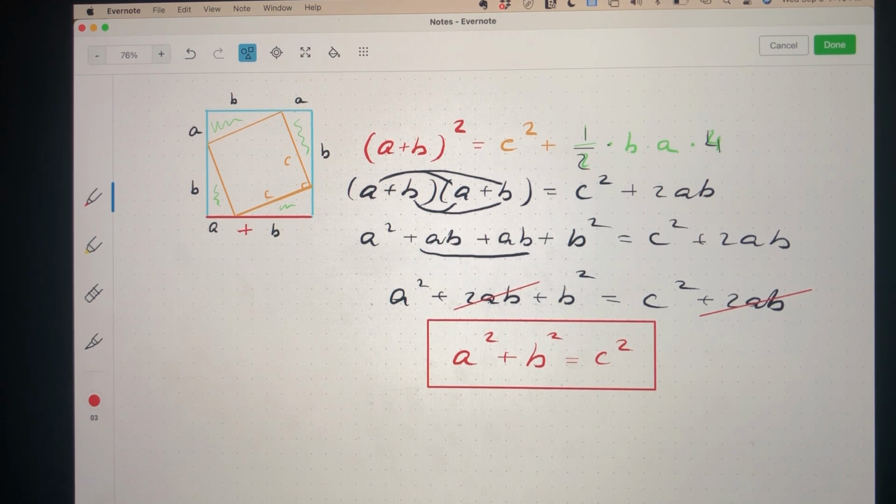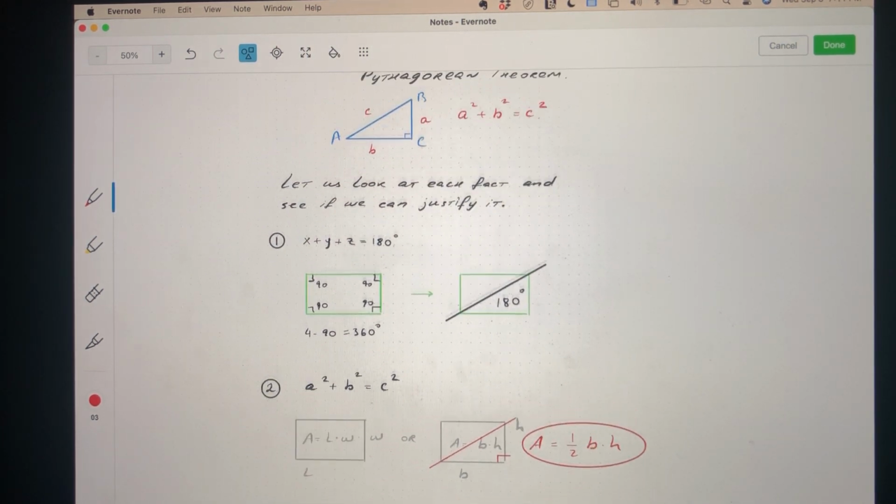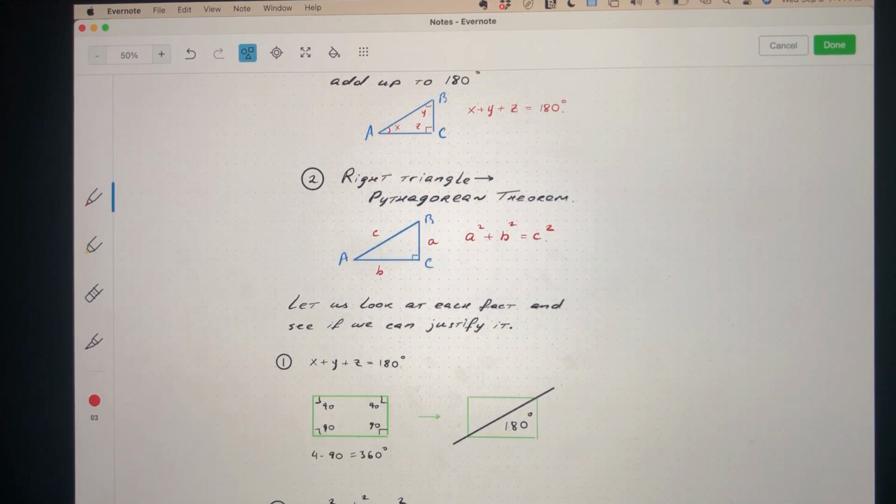So this is one way to show how the Pythagorean theorem might be true, and it is only going to work if the triangle is right. If we try it on any other triangle, we will not get the right answer, and that's very important. So these are the 2 facts we often see in trigonometry, and that's the general justification of them.